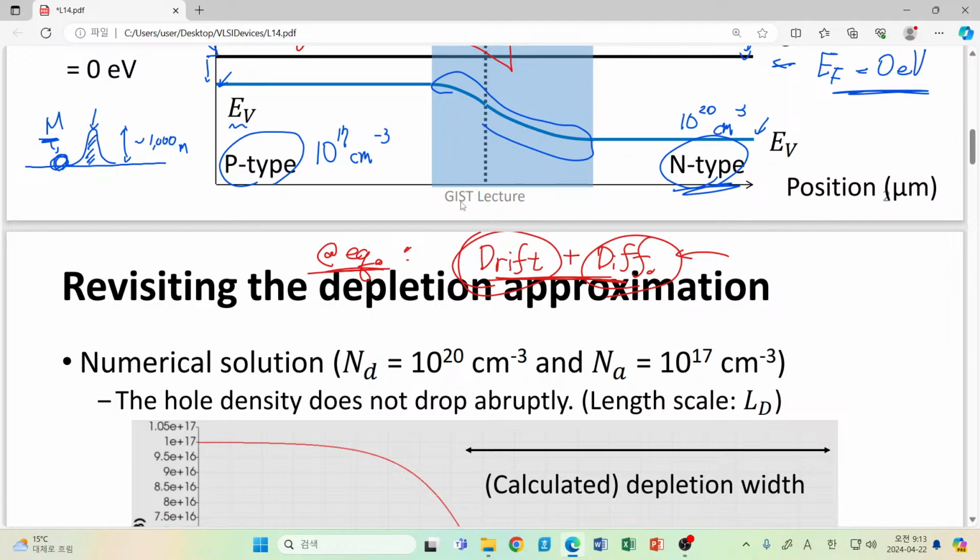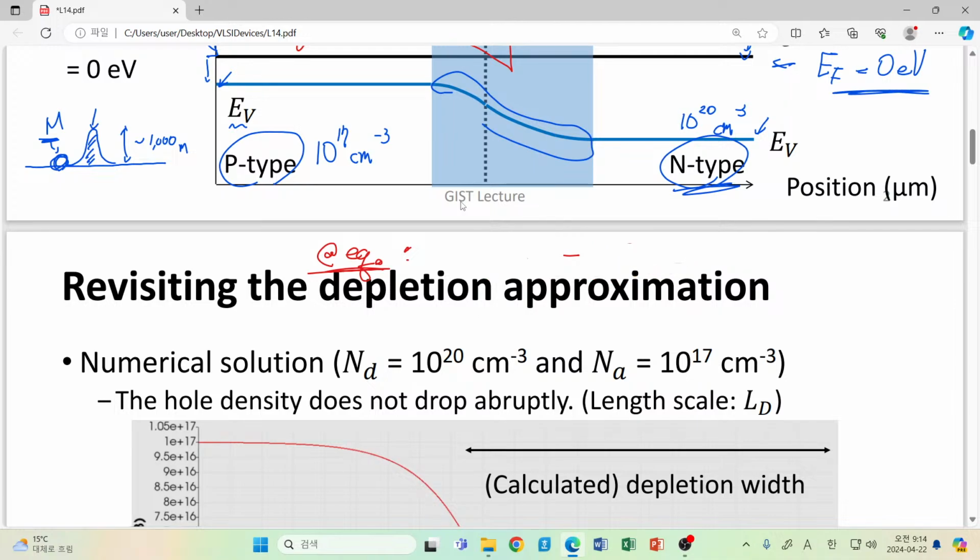Since we have a very strong diffusion term, if we have a slightly weaker drift term, then we will see diffusion win. On the other hand, if we try to increase this drift term a little bit, then we'll see later it is not that easy to increase this drift term.